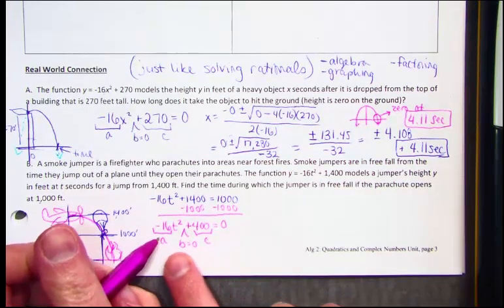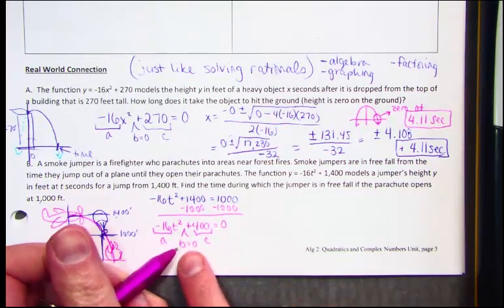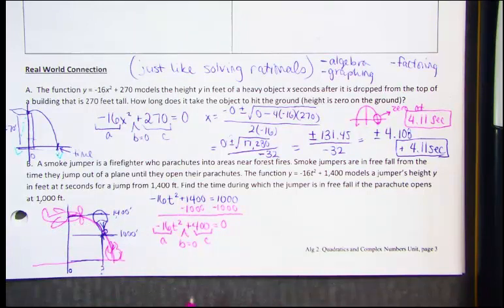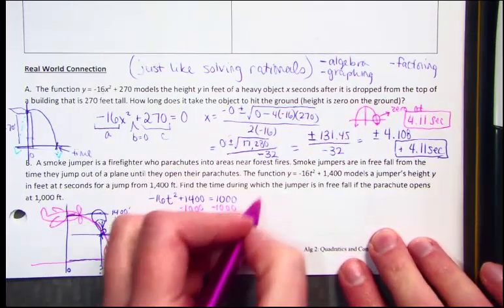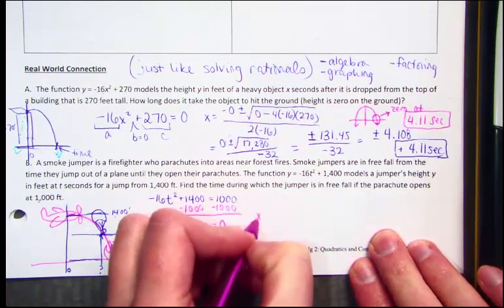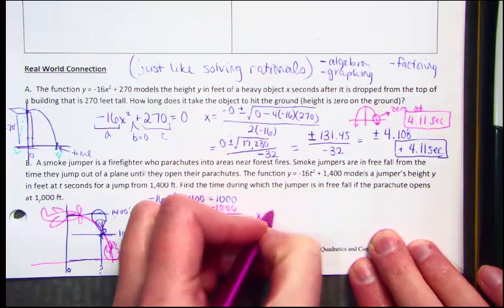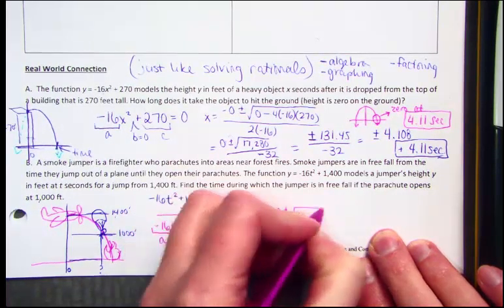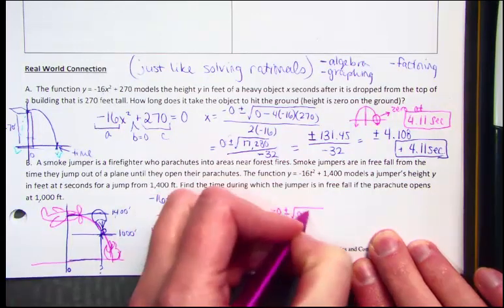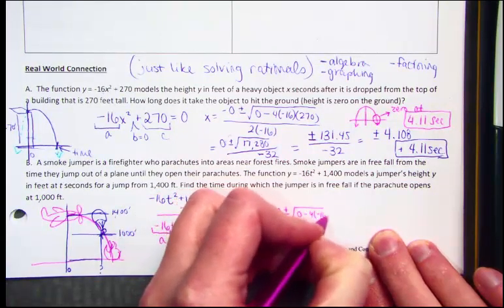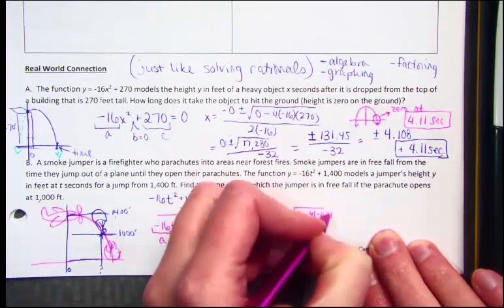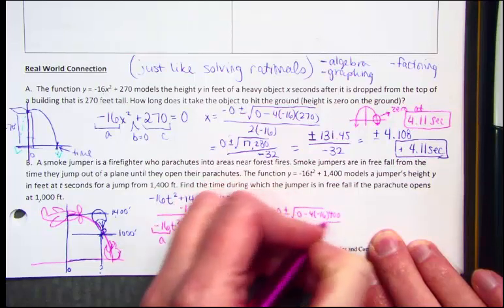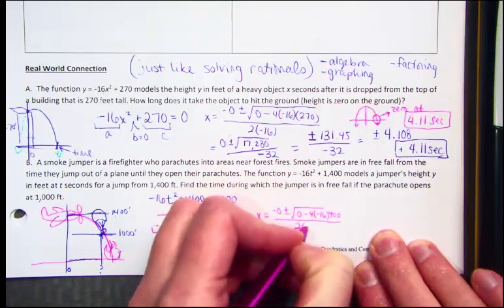Using our quadratic formula here, with an A of -16, a B of 0, and a C of 400, we sing our little song. X equals opposite B plus or minus the square root of B squared minus 4AC all over 2A.